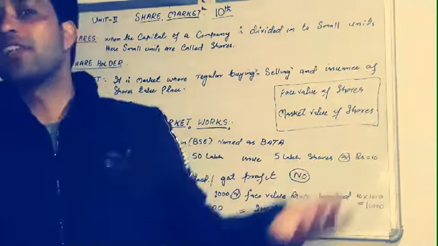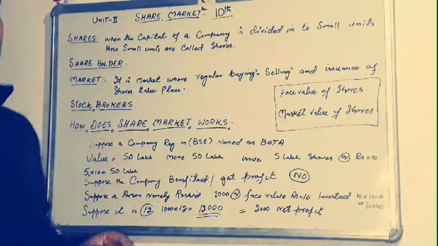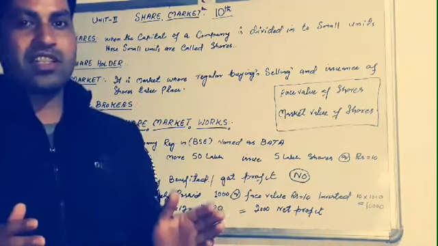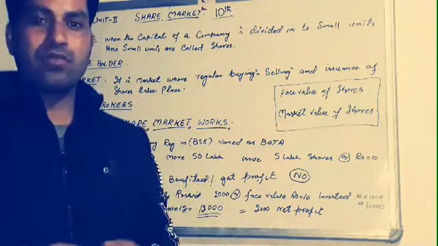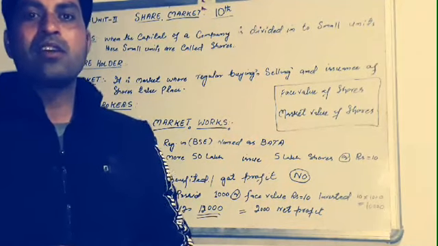So anyone who wants to buy shares in the share market has to first contact this person, the stock broker. He knows how the share market works and where the profits are maximum. So any person who wants to do business in the share market first has to contact this stock broker, and he will give him complete information about the share market.